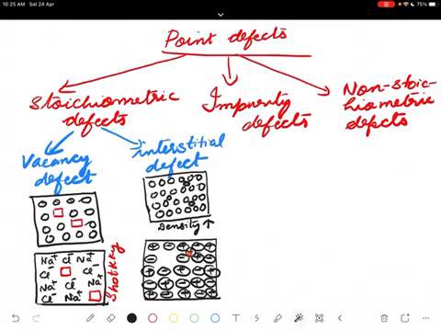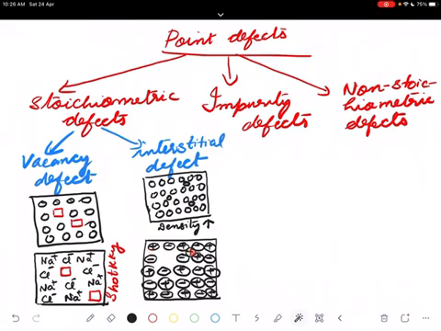In the case of this ionic solid, we call it interstitial defect only, though here it is a vacancy defect, we have already given the name. So here, though it is a vacancy defect at the original site, at the new location it is an interstitial defect. So we call it this interstitial defect. The smaller ion got dislocated.